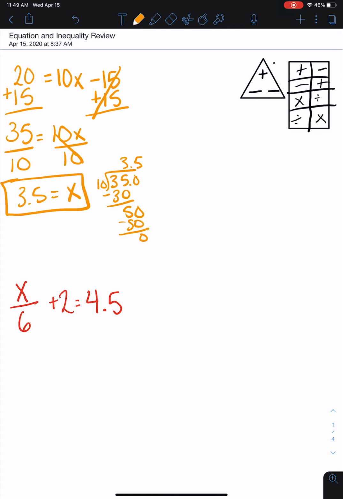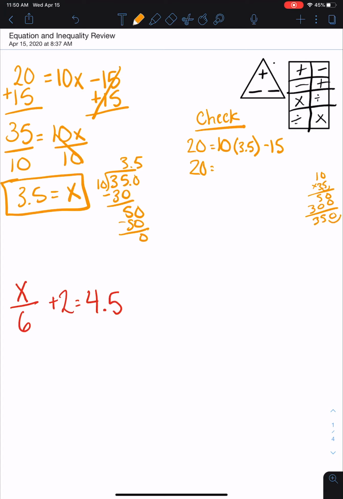Remember, you guys can check your work. I'm not going to do it for every single problem just to save us on time, but it is definitely a helpful tool. I would suggest checking your work always. So I have 20 equals 10 times x. Instead of x, I'm going to plug in 3.5 because that was our answer. And I'm going to get 10 multiplied by 3.5.